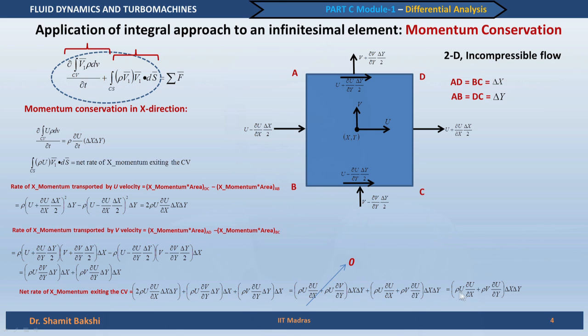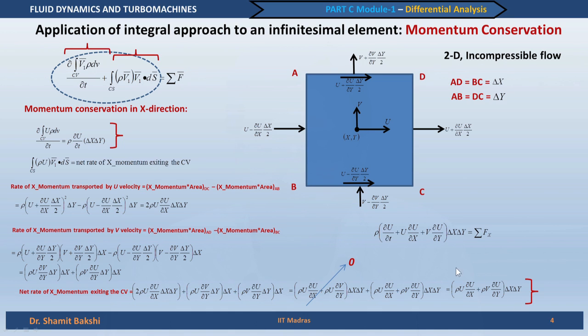Now, in this integral approach, if we go back, the first term was this, which was obtained as rho del u by del t into the volume, and the second term, that means the net rate of x momentum exiting the control volume, has come out to be this. So, let us club these two parts. This is the first part and this is the second part.